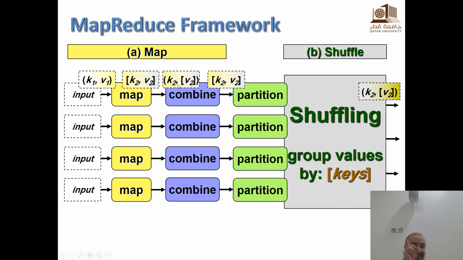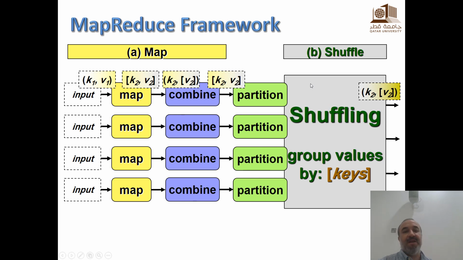Not shuffling. There is a local grouping that happens between map and combine. Let me say it again. You see here the output K2 and V2, right? If you skip combine and partition, it's fine. It will just be input to shuffling, as usual.